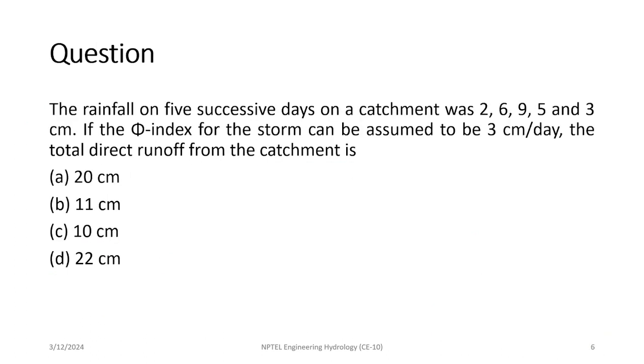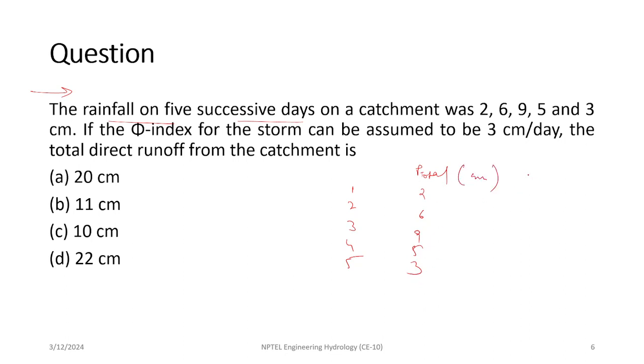Here the question is again related to phi index. It says rainfall on 5 successive days on a catchment was 2, 6, 9, 5 and 3 centimeter. So that means 5 days, and this is P total, in units of centimeter.